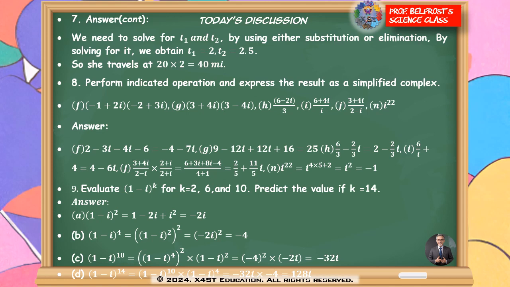You can see how I solve it. The important thing is that 2, 6, 10 are the keystones in this solution. So you need to solve them step by step if you want to solve the equation for k equals 14. For k equals 14, it is 128i.